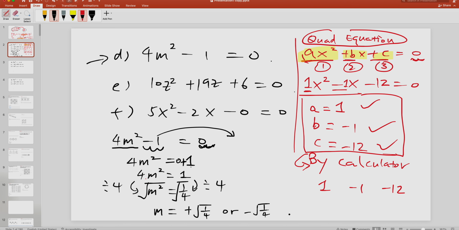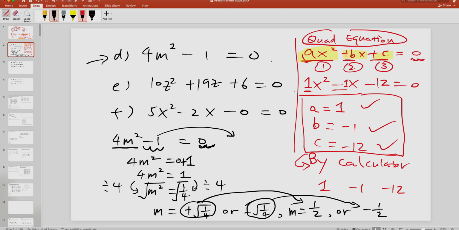So your m equals 1/2. The other one will be negative 1/2. So you have 2 answers. Are you clear? So if you don't have 3 terms, how do you do? You do it like algebra.